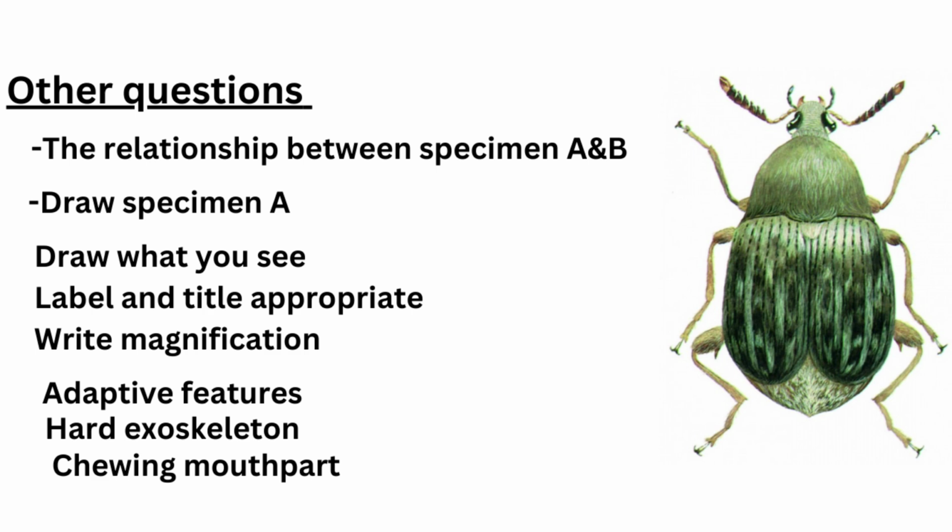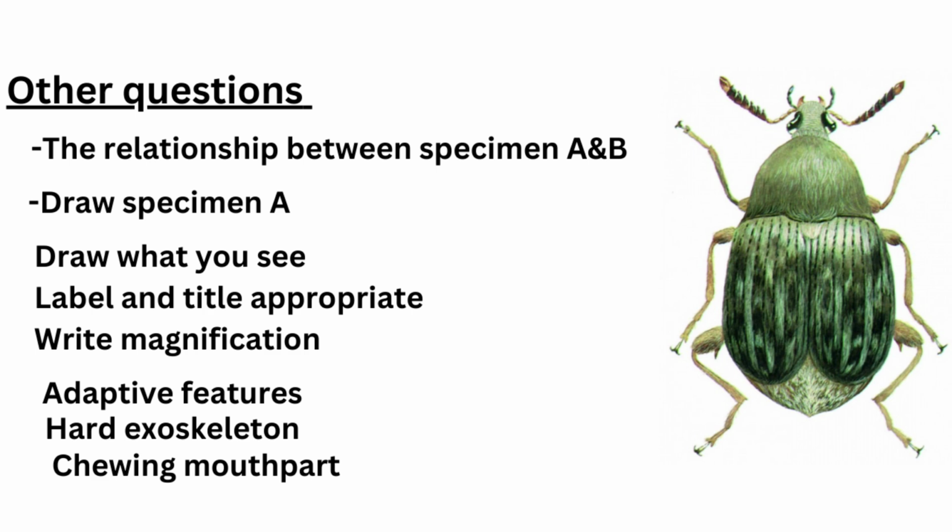So that's the relationship between specimen A and specimen B. It feeds on specimen B, rather. It derives shelter from specimen B. It derives nutrients from specimen B. So it's basically a parasitic lifestyle. Okay, so it parasitizes on the bean seed, or you can say the bean plant.